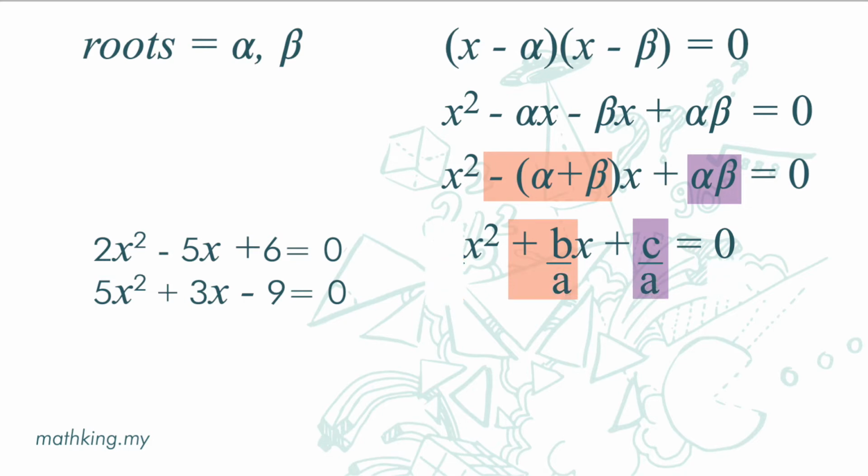Comparing the two, we can see that negative bracket alpha plus beta equals b over a. Or we can move the negative sign to the right hand side. And alpha beta equals c over a.